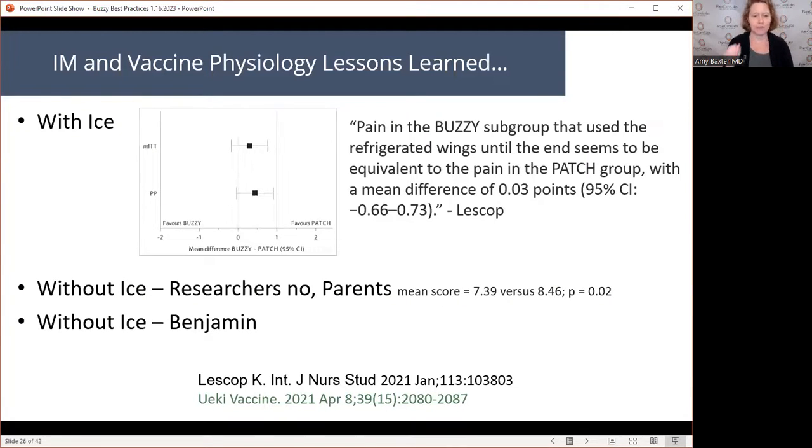All right, so now the physiology, this is looking at the ice for IMs, and the interesting thing was that Buzzy was equivalent to EMLA when used with the ice packs. The other thing is that the researchers in this one study, they did not think that there was equivalency, but the parents did.